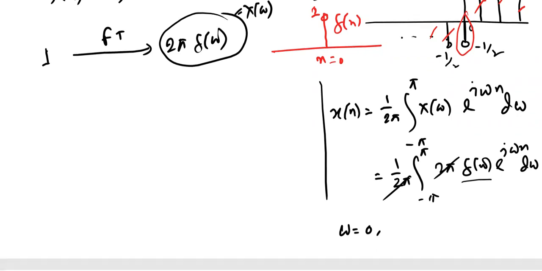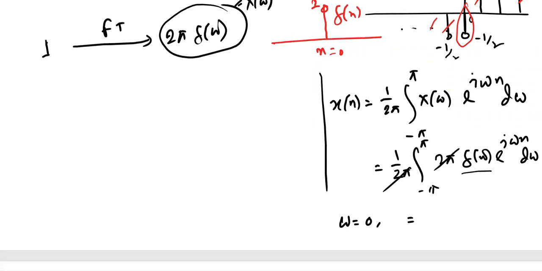So it should be e to the power j times 0 times n, which gives the value 1. And 1 is our x[n]. So we can prove that if we do the Fourier transform of 1, we should find this value. We have no doubt on that.